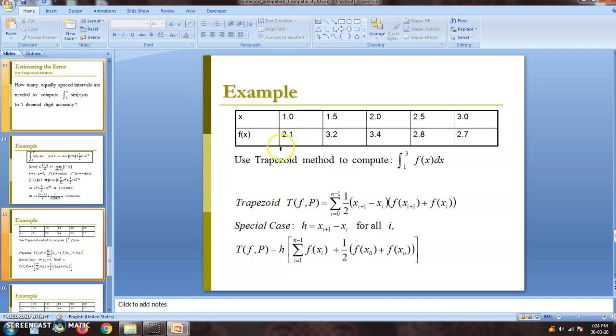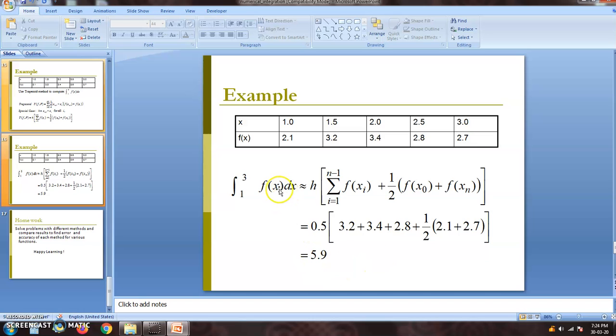Okay, this is another example where multiple data points are given, and we will be using this multiple data point formula for calculation of the integration which we have calculated in the range of 1 to 3.